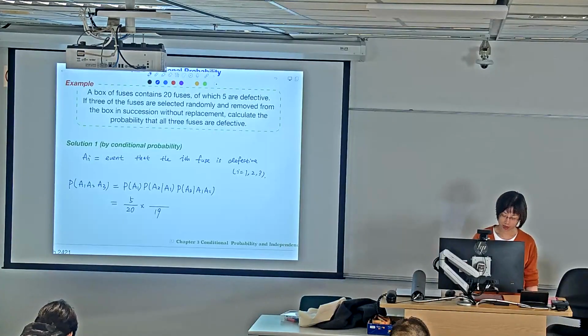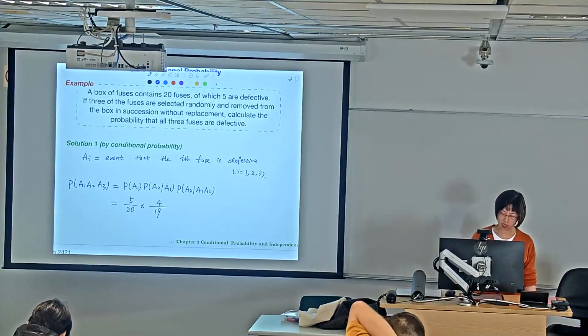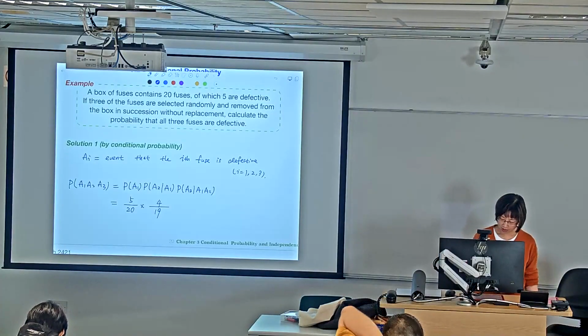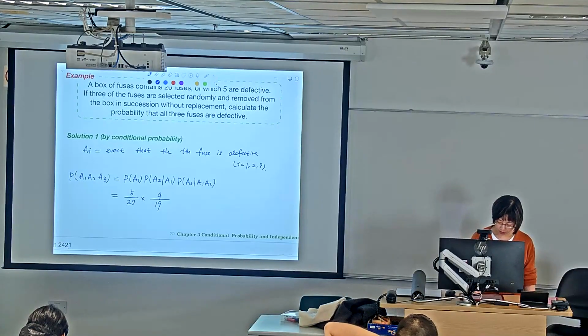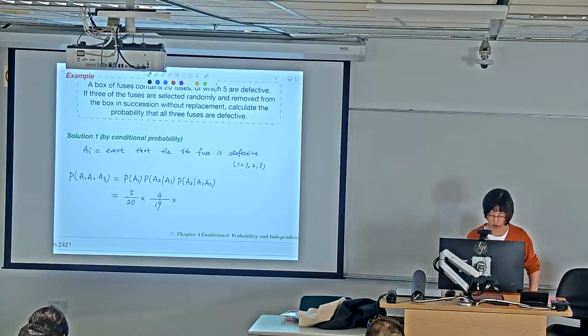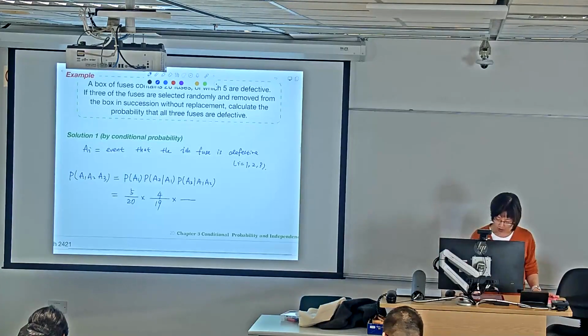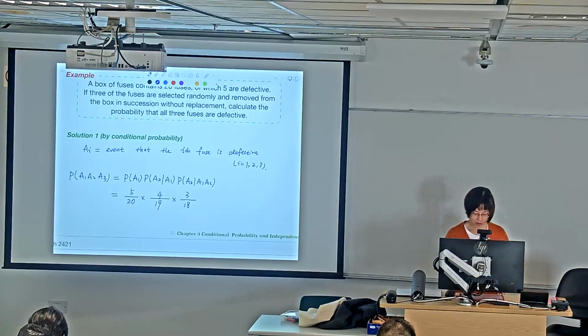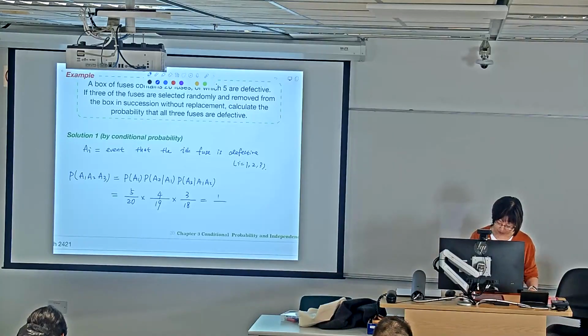One defective one has been chosen. We are left with 4 defective ones to choose from. So 4 over 19. And similarly, the last conditional probability is, given the first 2 chosen fuses are defective, we are left with 18 fuses in total, and among them 3 are defective. So multiply these together.